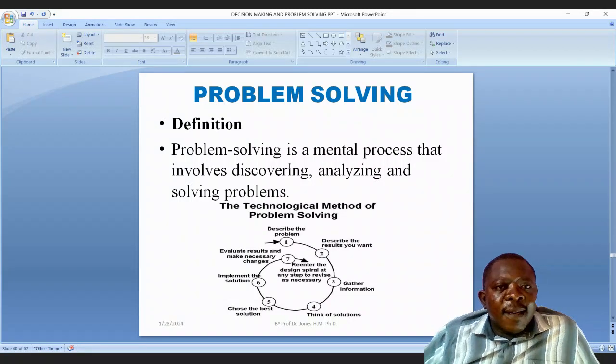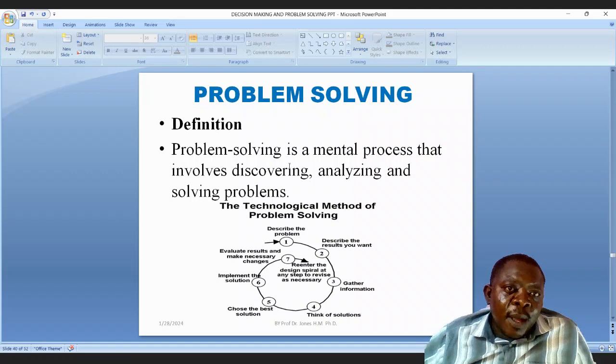Now, let us look at another part of our lesson that has to do with problem solving. Okay, so this is another part of our discussion on decision making. Problem solving requires good decision making, and that's why we are discussing them together.